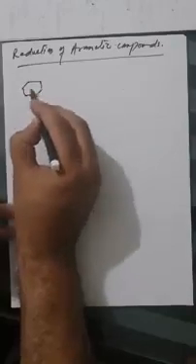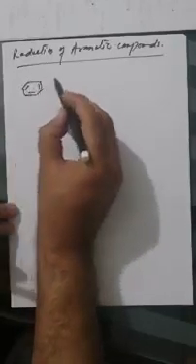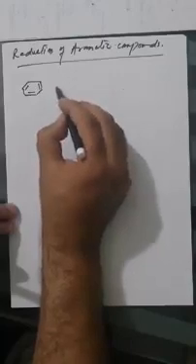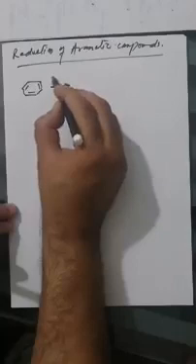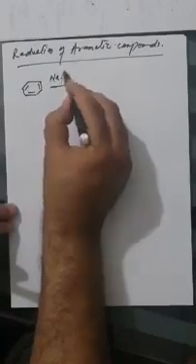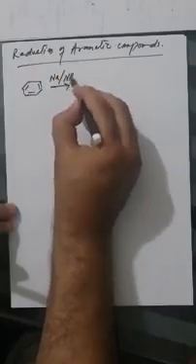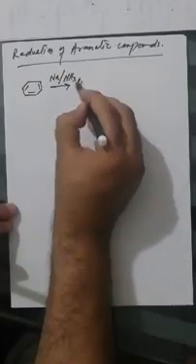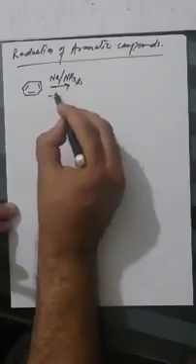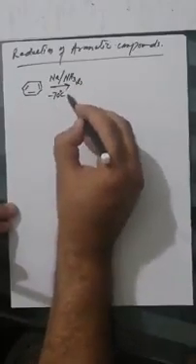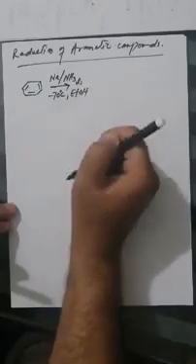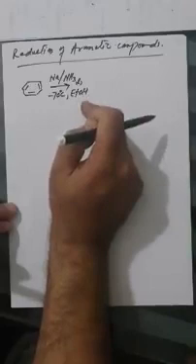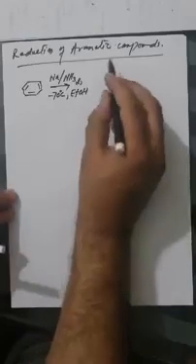Let's take a simple aromatic system known as benzene. I'm going to write now the reagent: sodium and liquid ammonia. The reaction is at minus 70 degrees Celsius, in the presence of a protic polar solvent like ethanol.